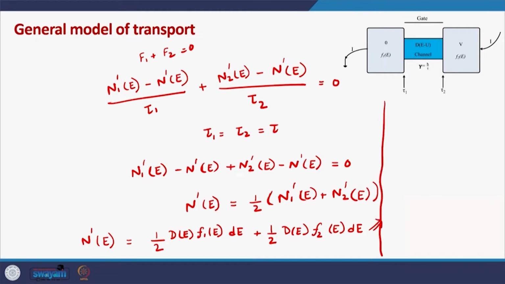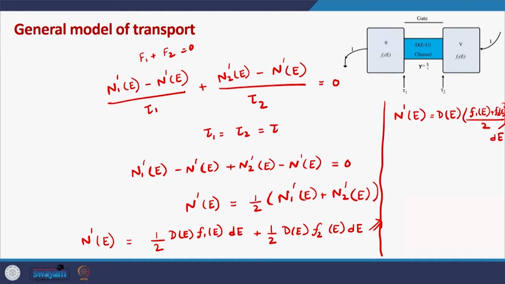That essentially takes us to this expression: N prime E, the number of electrons in steady state in the channel in the energy range E to E plus dE, will be equal to dE times (F1(E) plus F2(E)) by 2 times dE.